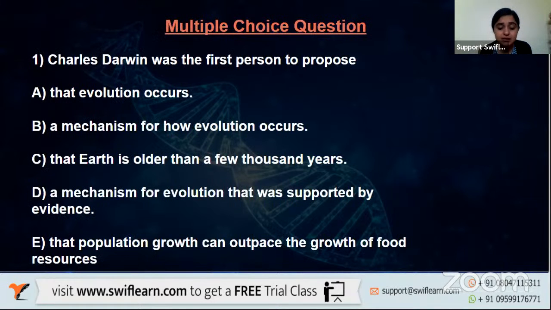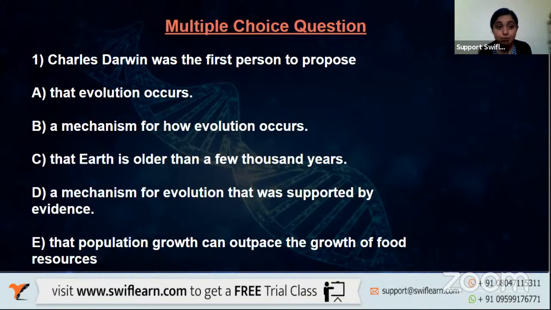Now we have some multiple choice questions. I'm going to read out the question, explain it, and think for 2 minutes, and then let's come up with an answer. Charles Darwin was the first person to propose what? He proposed that evolution occurs.